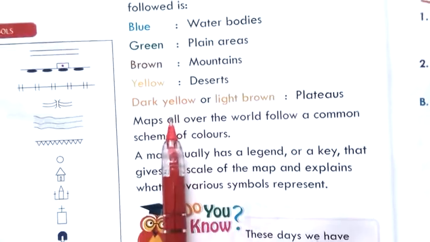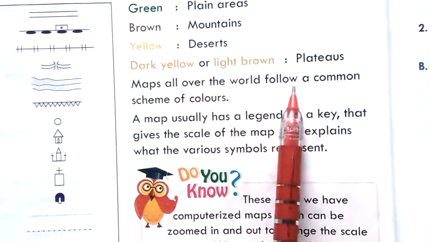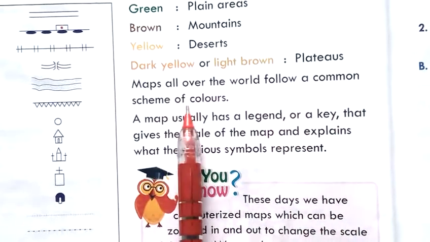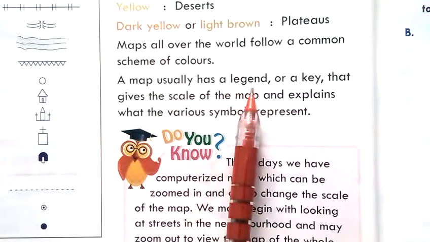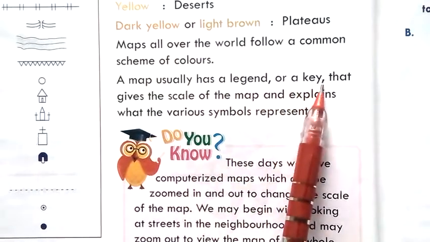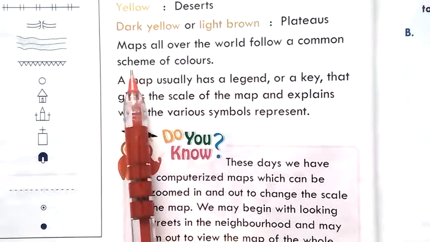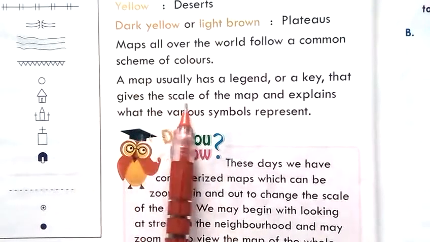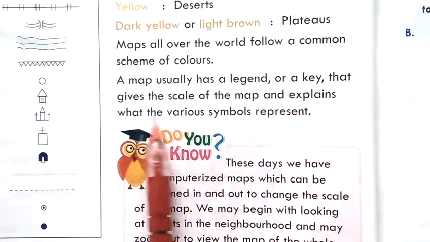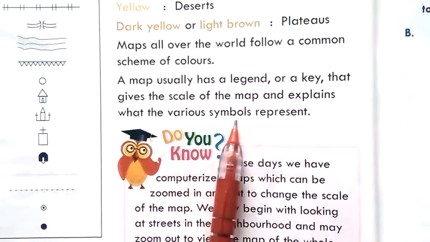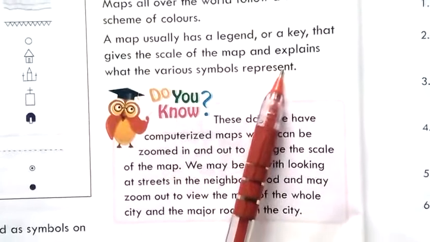Maps all over the world follow a common scheme of colors. A map usually has a legend or a key that gives the scale of the map and explains what the various symbols represent.